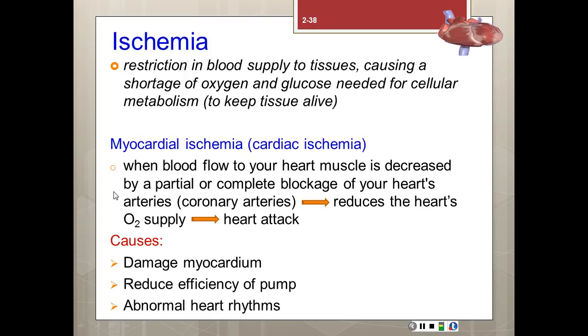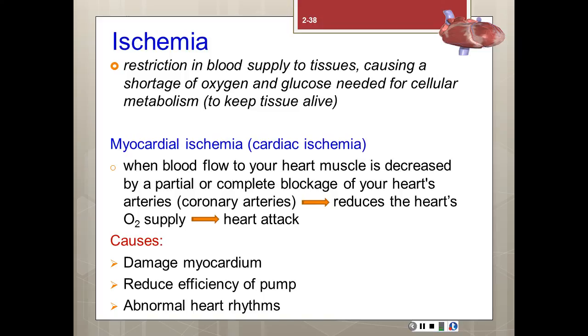We have myocardial ischemia or cardiac ischemia. This is when blood flow to the heart muscle decreases by a partial or complete blockage of the heart's arteries, which then leads to a reduction in the O2 supply. And if not taken care of properly or right away, it can cause a heart attack. And what causes it? We have damage to the myocardium, we have reduced efficiency of the pump, and abnormal heart rhythms.